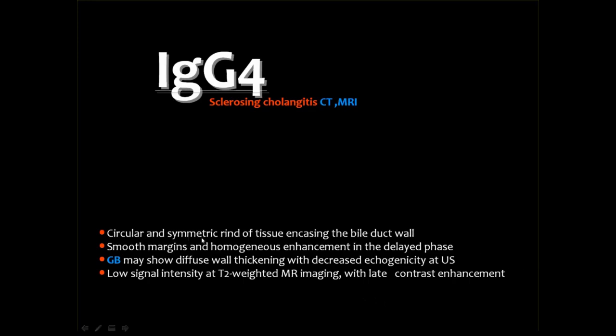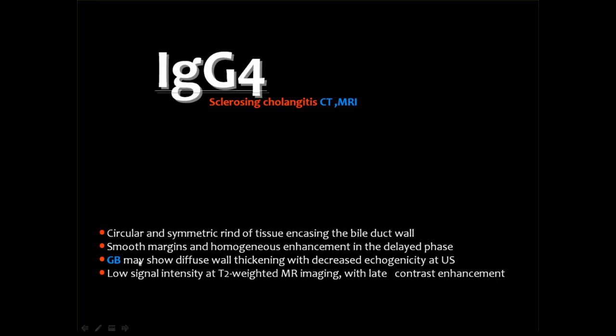The circular and symmetric rind of soft tissue encasing the bile duct wall may be seen on CT, which may simulate fibrosis whenever it occurs around the portal tracts. There is a smooth margin and homogeneous enhancement in the delayed phase.